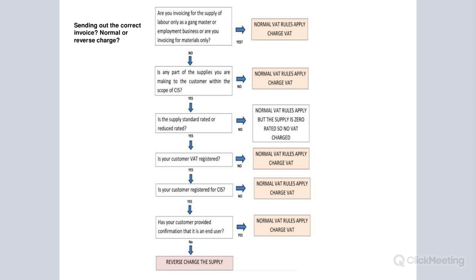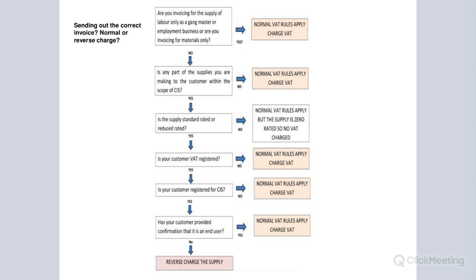Is the supply that you're making standard rated or reduced rated? You are none of you in the business of exempt supplies. The only supply that you could be making that isn't standard rated or reduced is if you're working for house builders, in which case you would be 0 rating.